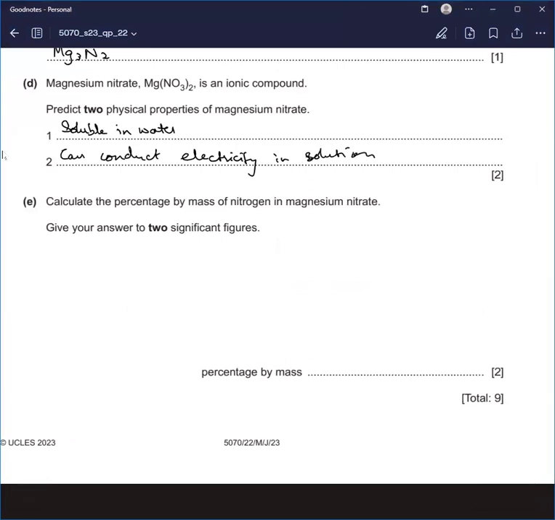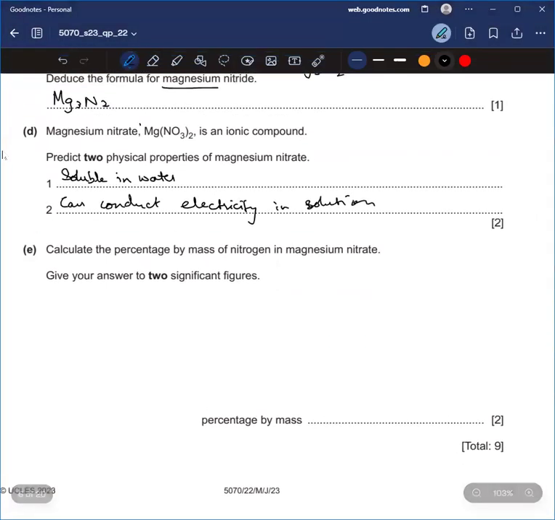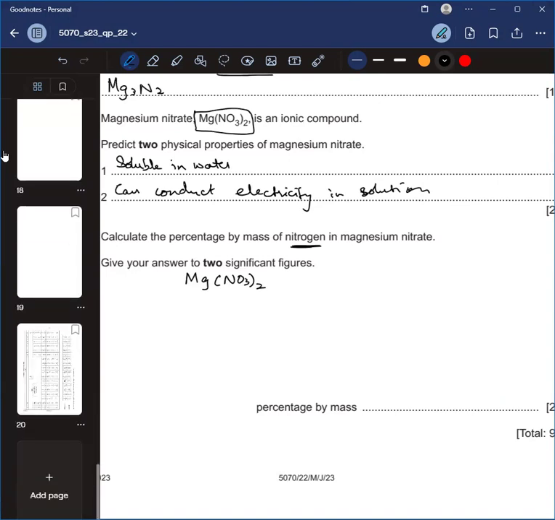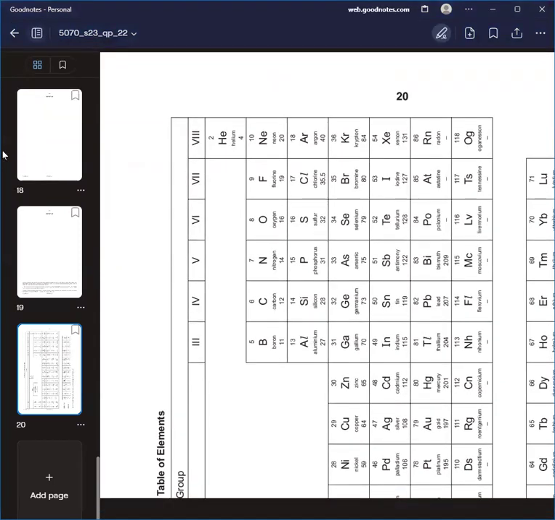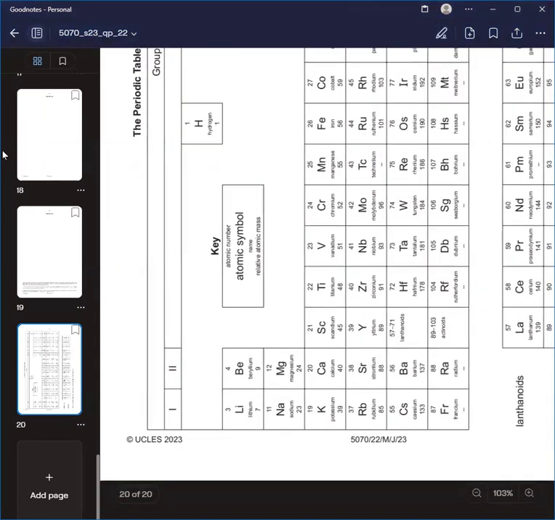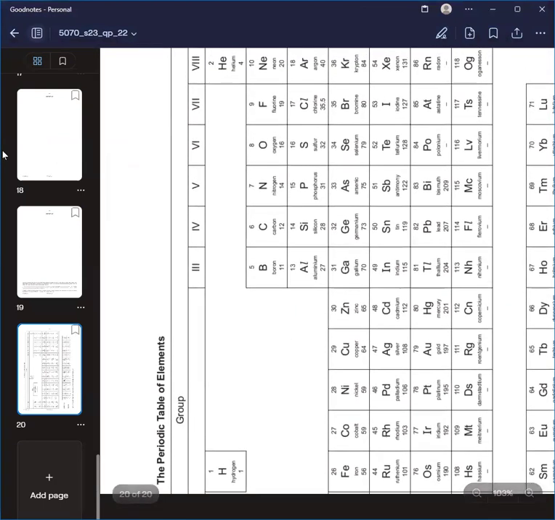Calculate the percentage by mass of nitrogen in magnesium nitrate. We are given the formula, so let me write it here first: Mg(NO3)2. They are asking for the mass of nitrogen, so let me first calculate the molecular mass. Mg is 24, nitrogen is 14, hopefully.